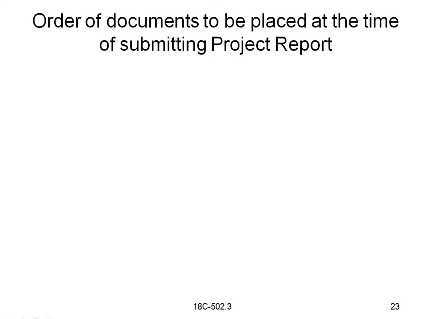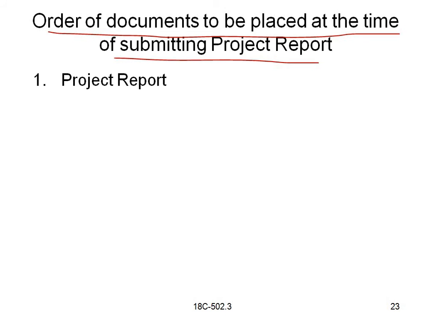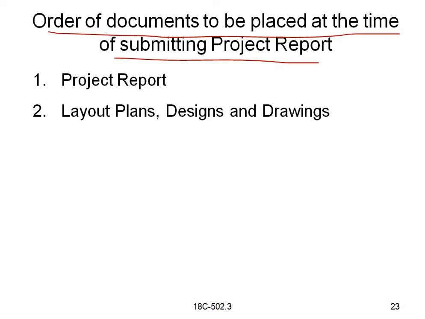Here is the order of documents to be placed at the time of submitting the project report. While we are submitting the project report, we have to submit some documents. The first one is the project report which we have prepared, and the next is layout plans, designs and drawings.